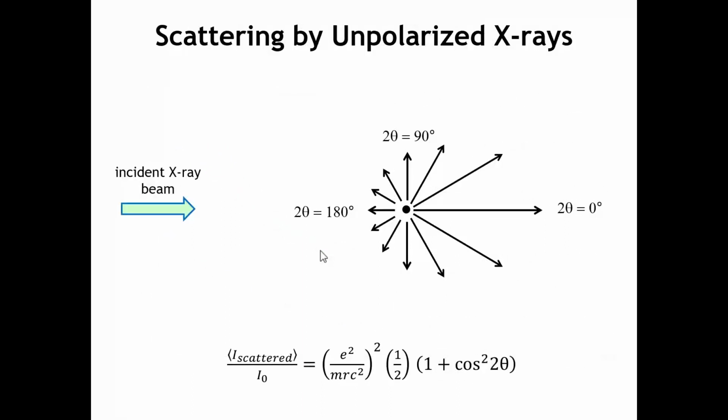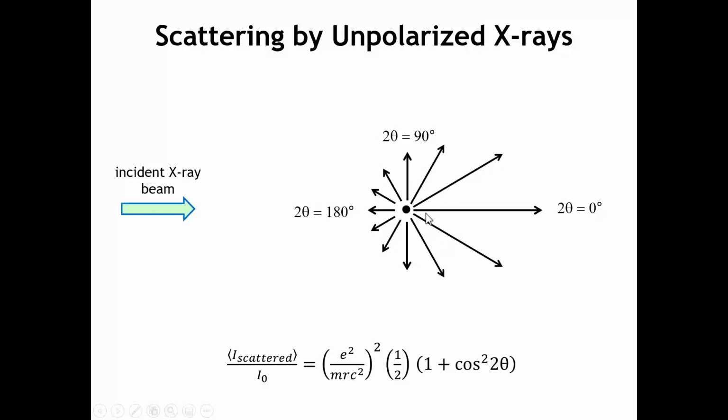So we can put this all together and we can come back to our atom and we can say, if we have an incident X-ray beam coming in, then the intensity distribution of the elastically scattered X-rays is going to look something like this.